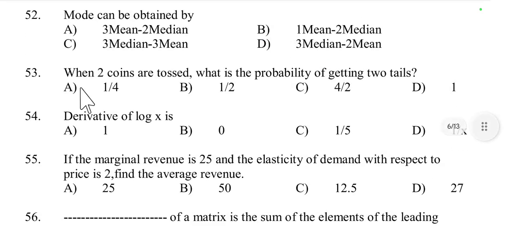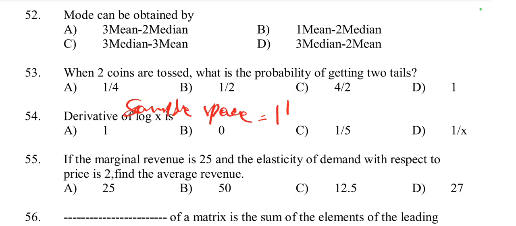Question number 53. When two coins are tossed, what is the probability of getting 2 tails? If we find the sample space when 2 coins are tossed, it is either head head, head tail, tail head, or tail tail.